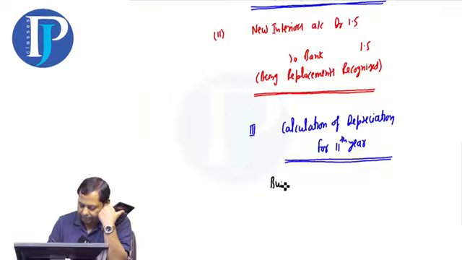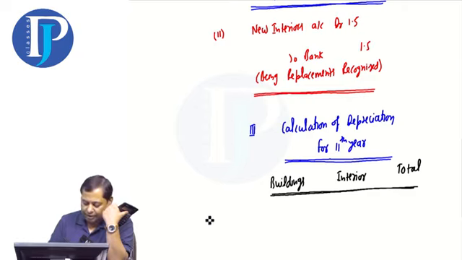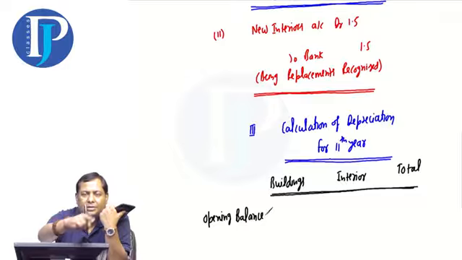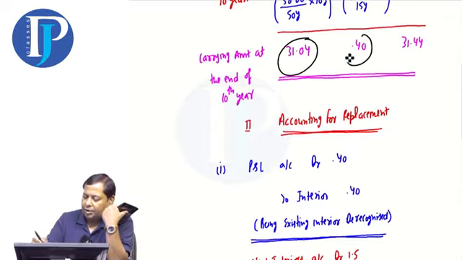One column is of building. Another is the interior. Third is total. What should we do first? First, we will write the opening balance. The closing balance of the 10th year is the opening balance of the 11th year. You should check it. 31.04, 0.40, 31.44.